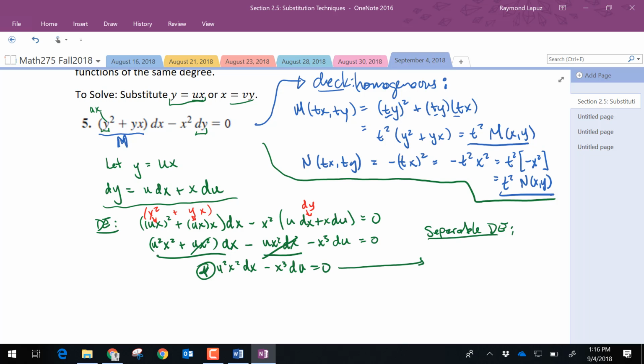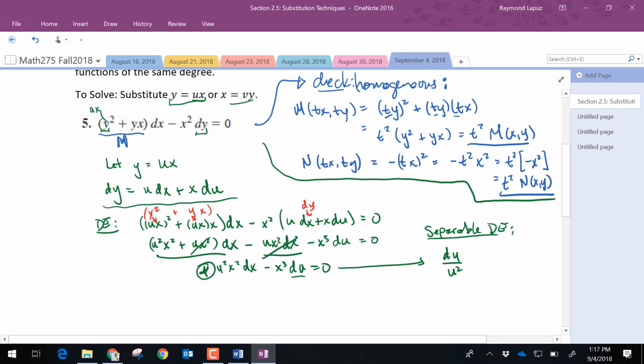All right, separable. So let's keep the x as the independent variable and let u be the dependent variable. So let's keep the u on the left-hand side, du divided by u squared.